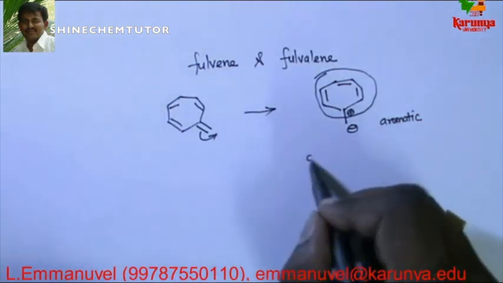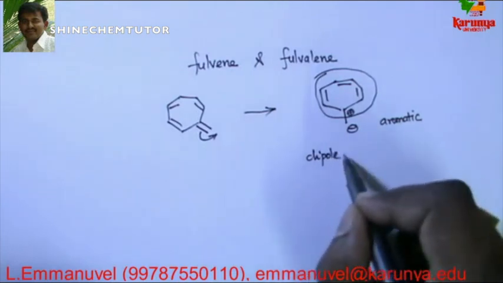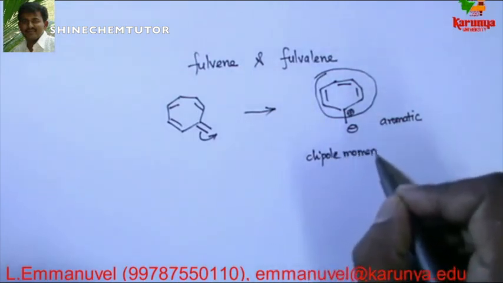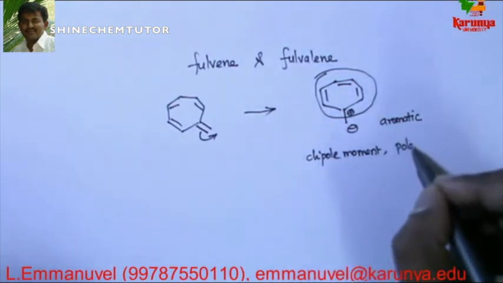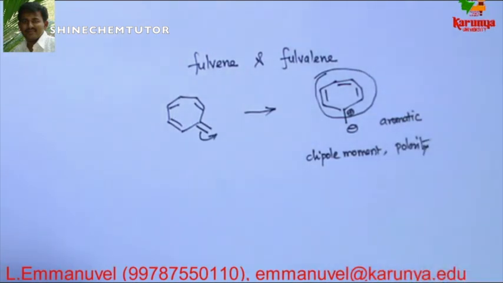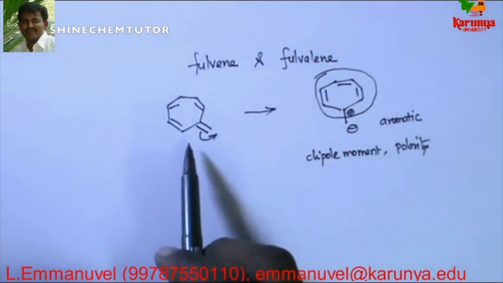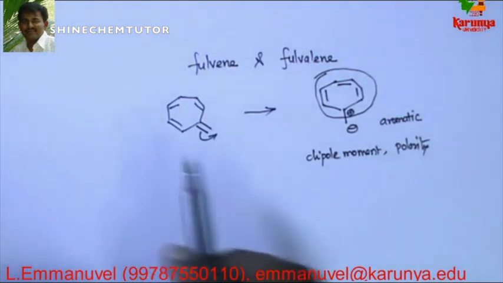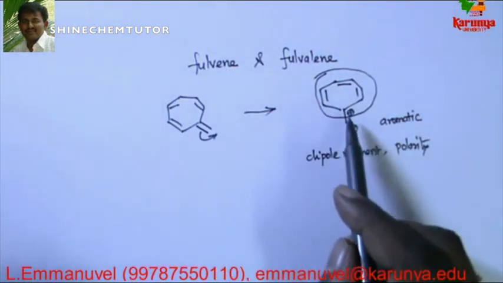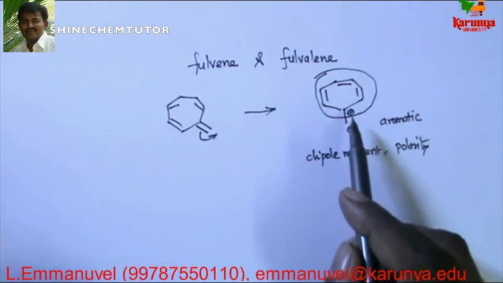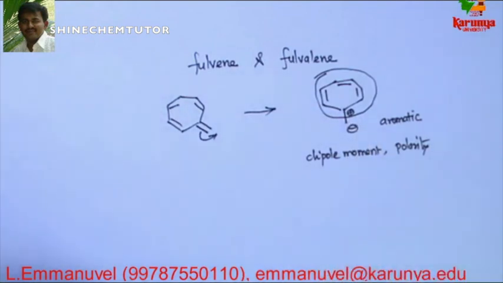It is not completely ionic, but there is some ionic character for this. Because of this, the dipole moment and polarity will be high. If you consider this molecule, the dipole moment will be very low. But when you go for this one, the dipole moment will be very high.